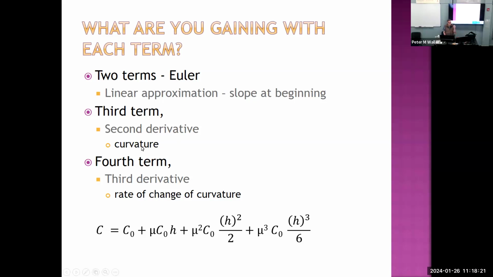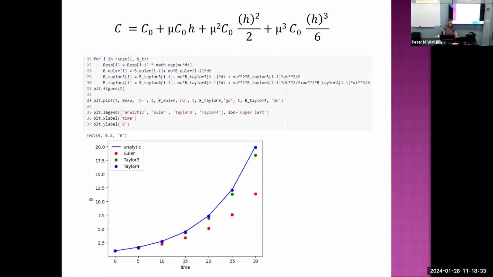Remember, that's the f double prime, the third term. And the fourth term is the third derivative, which gives you the rate of change of curvature. So the fourth term, by using the curvature and the rate of change of curvature, it has an exact solution. That doesn't mean it's always the exact solution. You could use the 5th order term too.